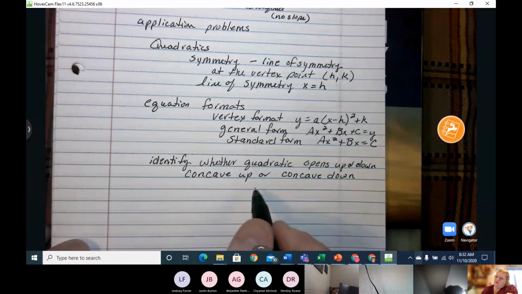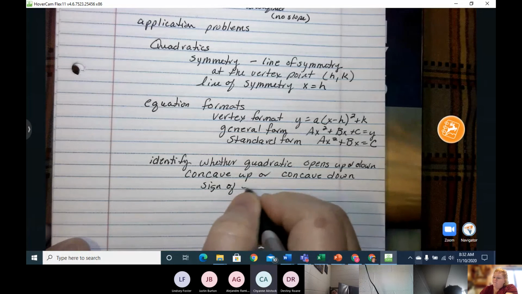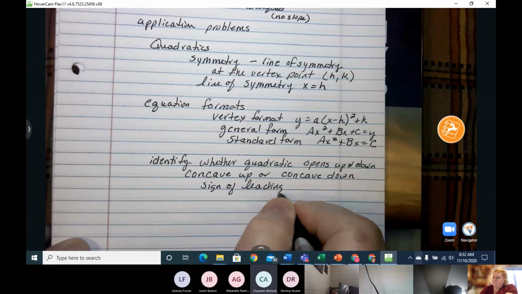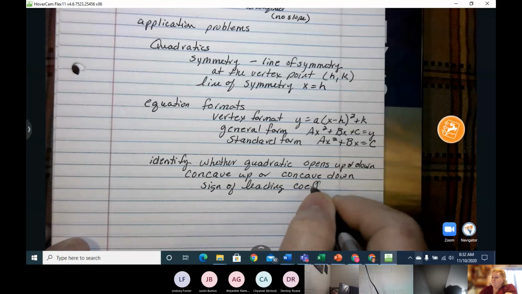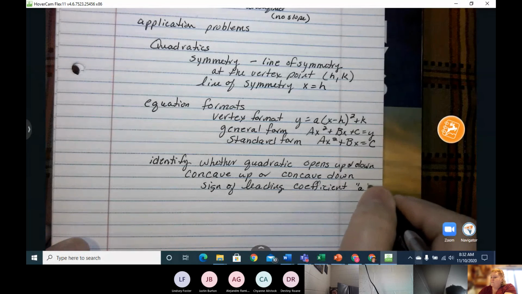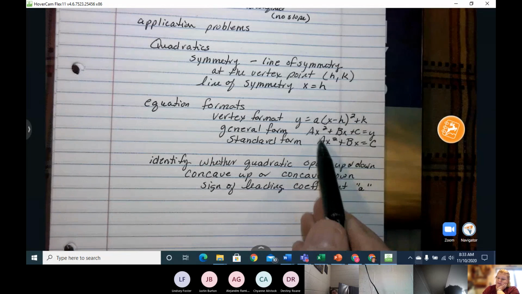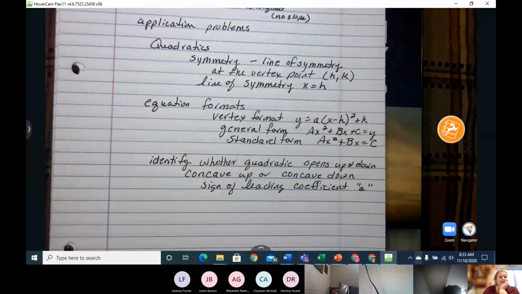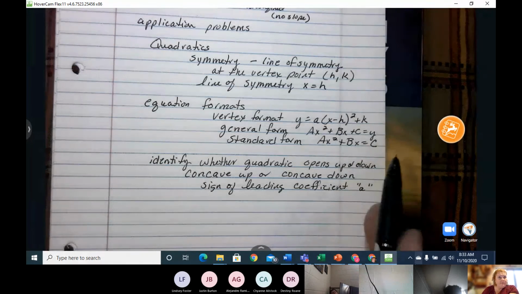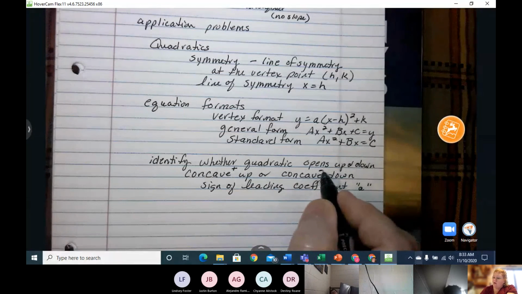And that has to do with the sign of the leading coefficient, or the a value, whether it's the a in the general and the standard form or the a in the vertex form, it's the same a. If it's positive, it's going to open up. And if it's negative, it's going to open down.